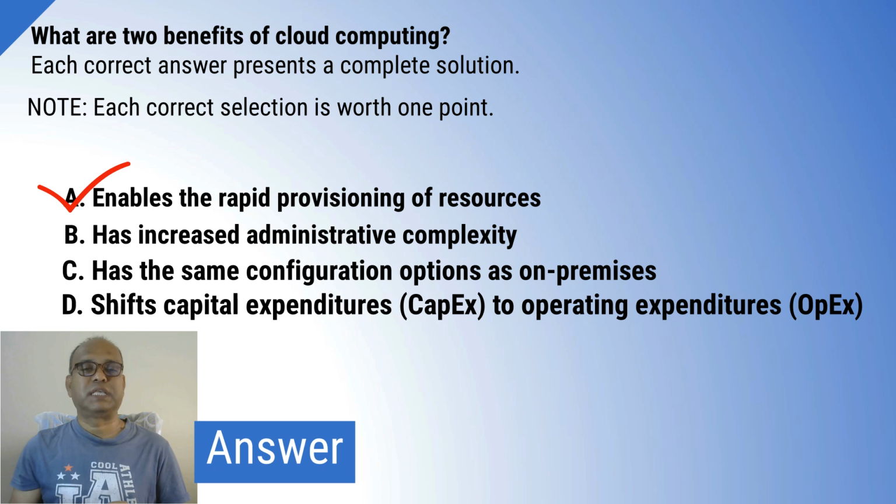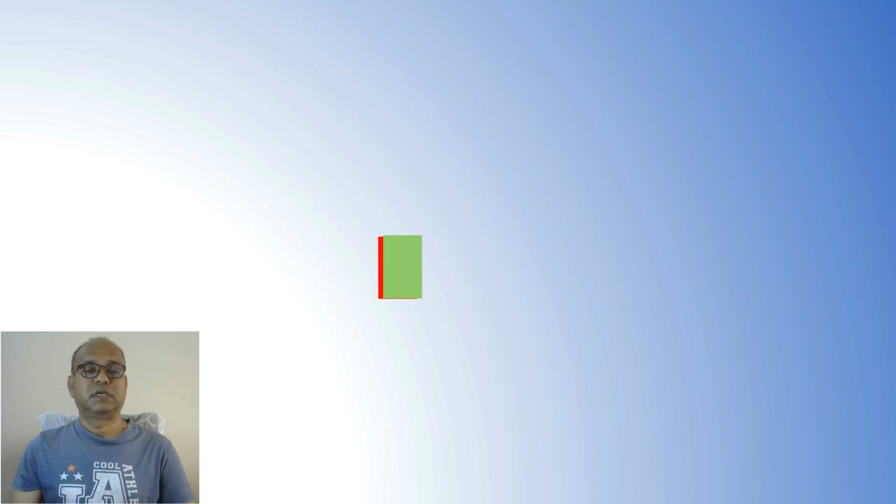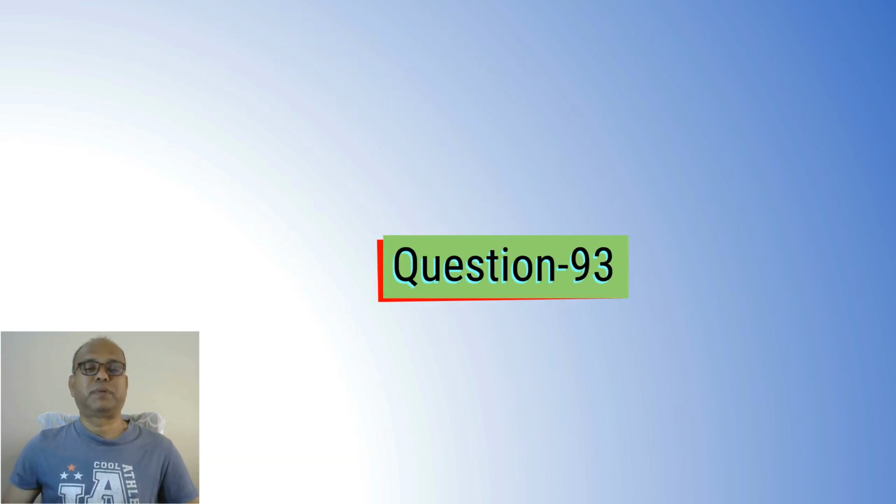We know that Azure provides flexibility between CapEx and OpEx. Capital expenditures generate benefits over a long period. These expenditures are generally non-recurring and result in the acquisition of permanent assets. So option D is also correct. Next question, question number 93.